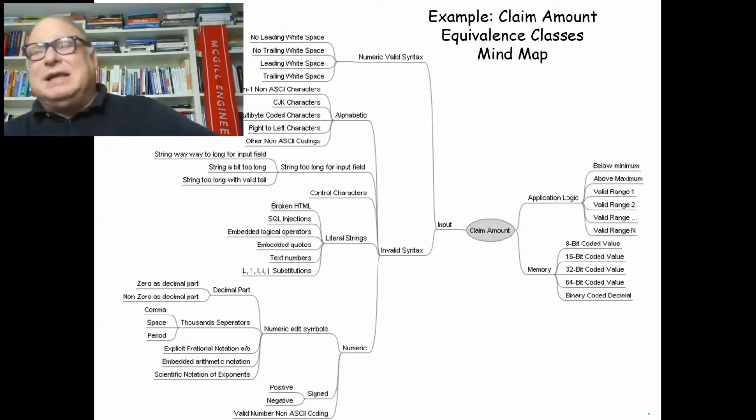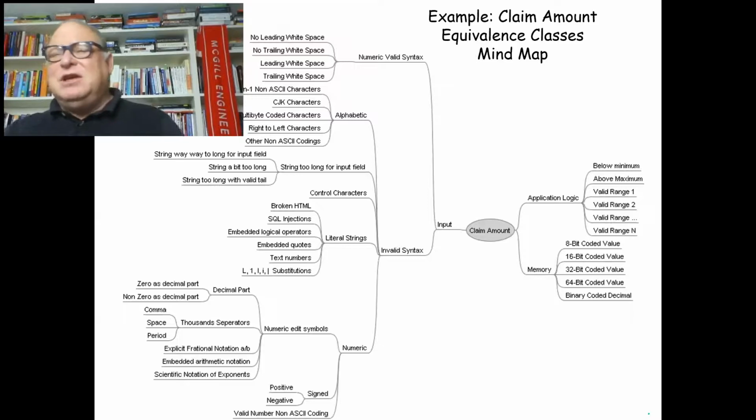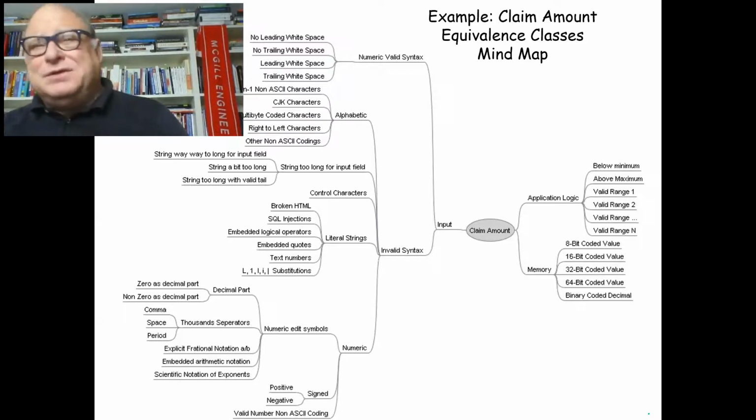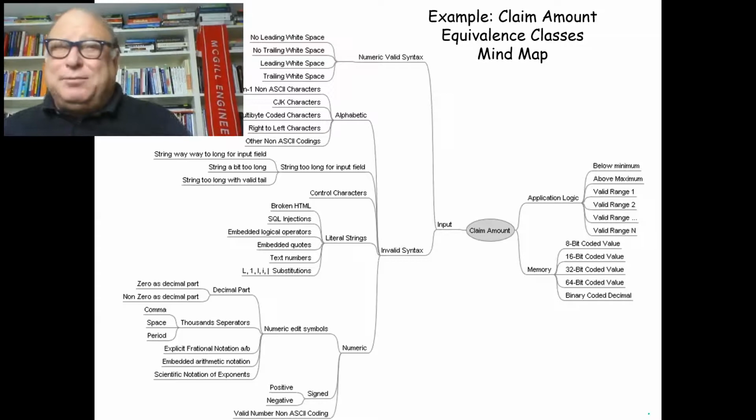Almost always for a claim amount, there are ranges. So there's some minimum range, some maximum range, and valid ranges in between. So the application logic breaks down into ranges. The claim amount M classes depend on the processing. And because this is a distributed environment with networks of many, many computers using many, many programs with many, many programming languages, we want to look at M classes as all sorts of different codings.